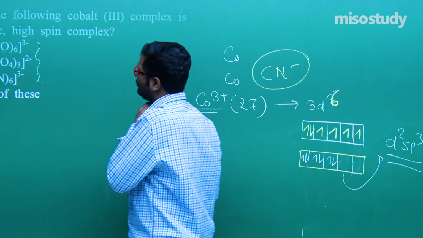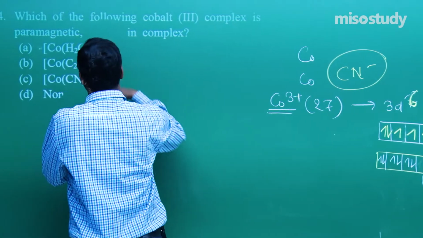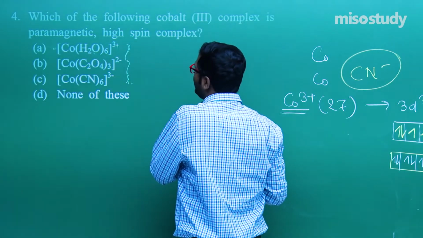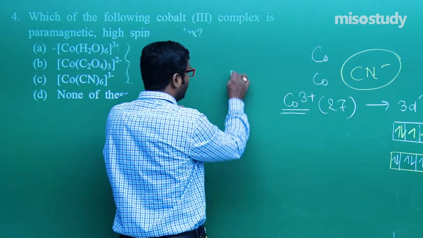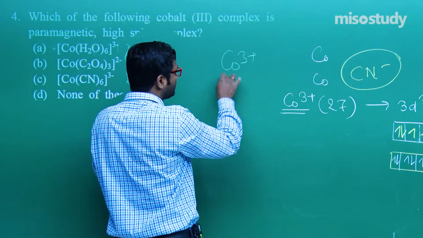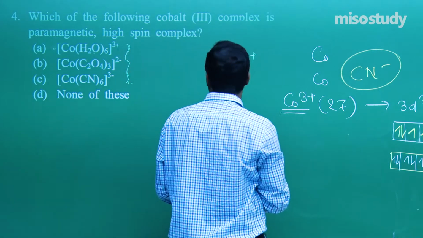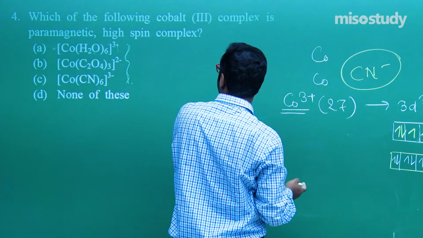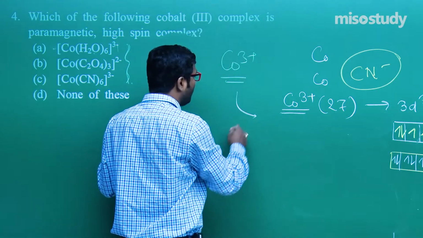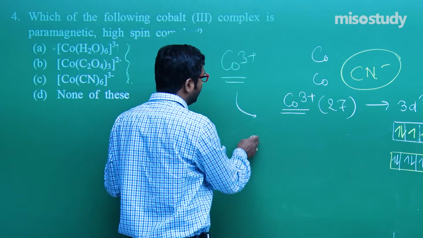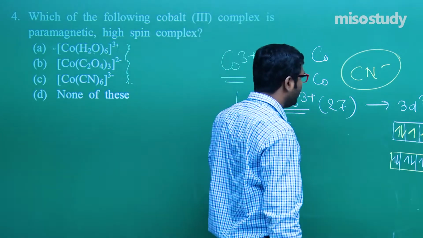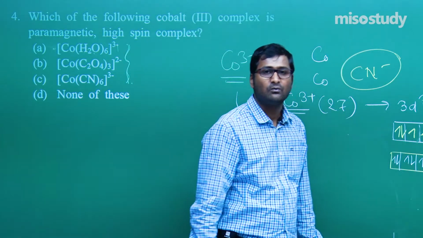Similar here, one more thing. Clear to you? If I talk about Co here, cobalt is in 3+ oxidation state. For cobalt in this case, what will happen? H2O will work as a strong field ligand. Due to this reason, again pairing will take place.